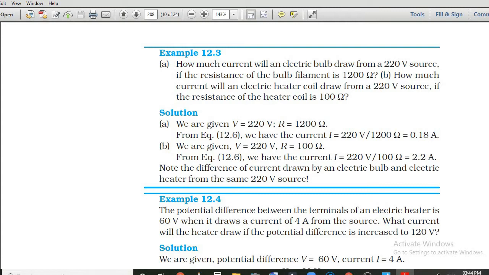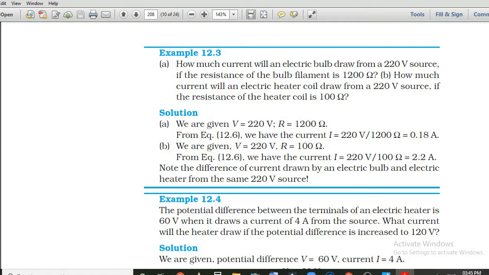Okay. What does it mean? The bulb will draw only 0.18 ampere current, while that heater will draw more current, 2.2 ampere. Okay, that we discussed.